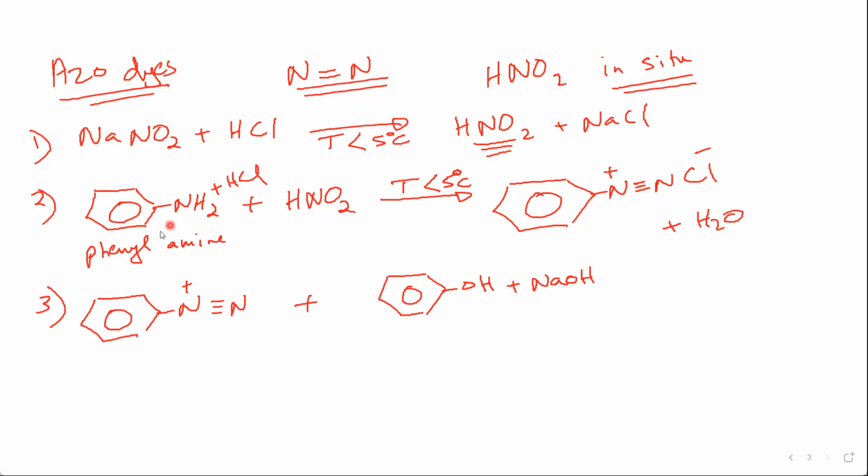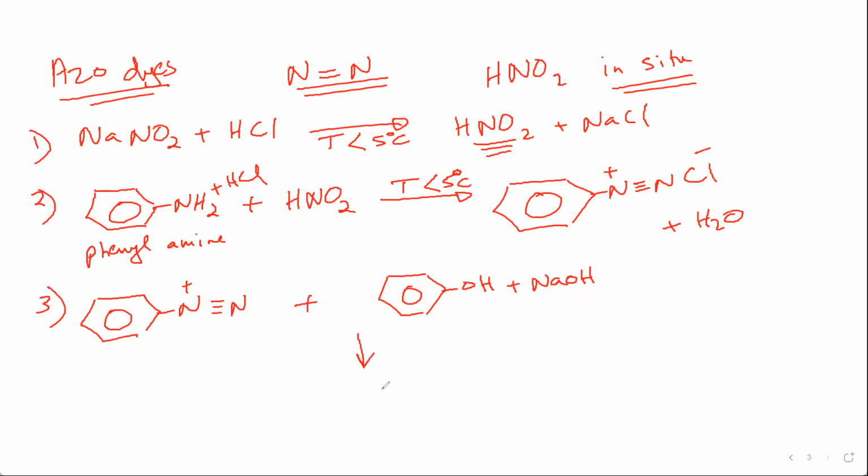We said here that the phenylamine is insoluble in water. That's why we add HCl so as to dissolve it to form the phenyl ammonium chloride salt. Here also the phenol is insoluble in water. That's why we have to add sodium hydroxide, because the hydrogen here is slightly acidic. So in presence of sodium hydroxide, it will form the O-Na salt. That's why it will be soluble.